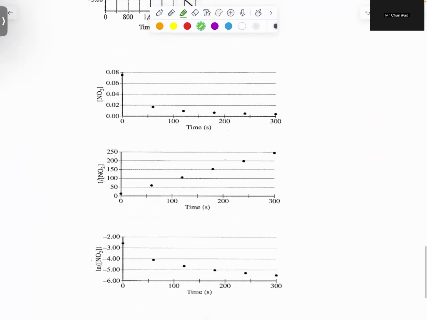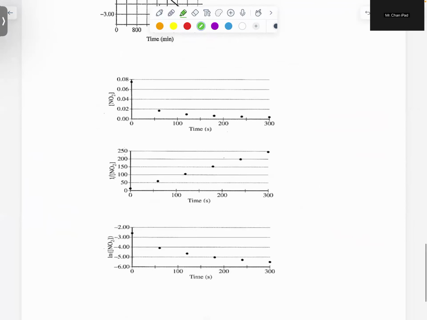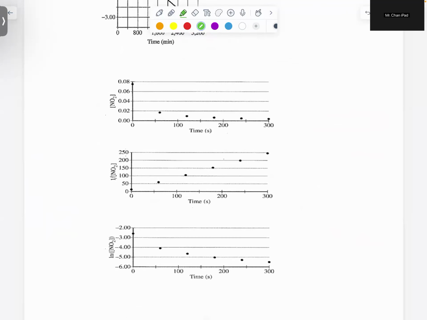Let's go do natural log of the concentration. So that's how we produce all three graphs. So can you tell what order it is? Second order. Why?